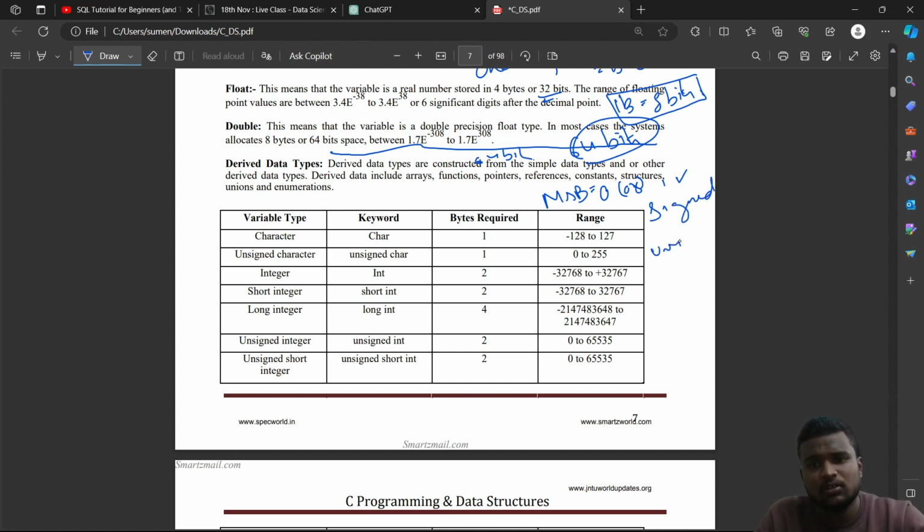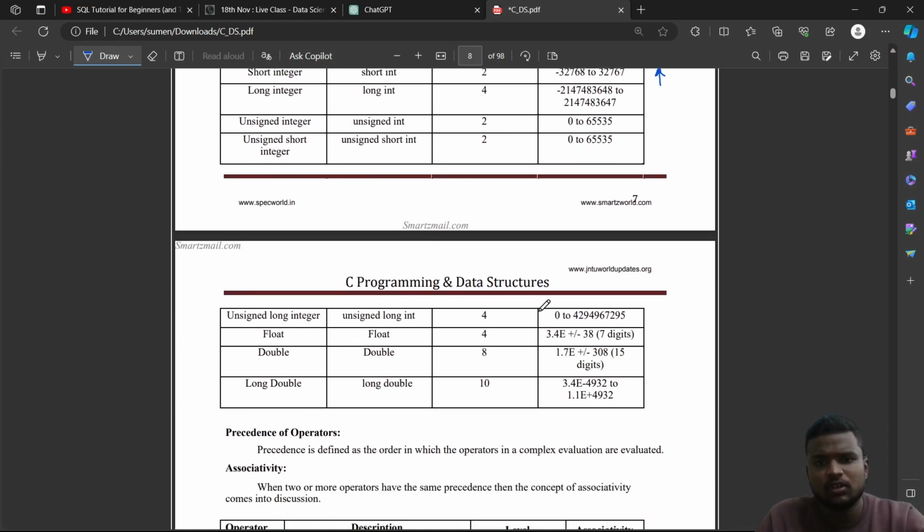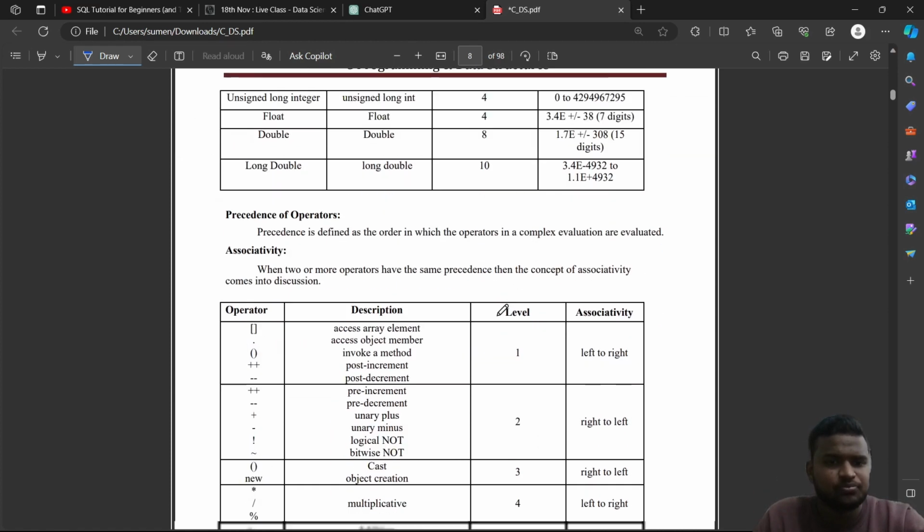If it is unsigned, then the last bit will be counted as a digit according to its value. So since there won't be any plus or minus, the range would be from 0 to 255. That's it. Integer means 2 bytes. Short integer means 2 bytes. Long integer means 4 bytes. Unsigned integer means 2 bytes, with its own range. All these things you need to just learn by heart. Nothing else, we can't do anything.